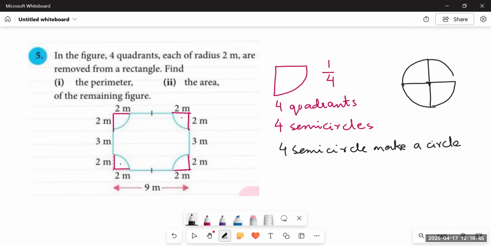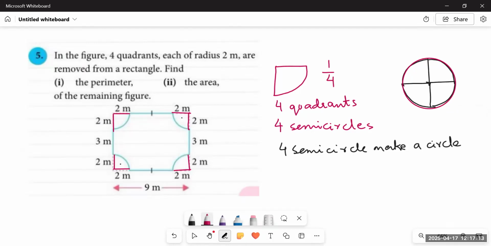So you see, a whole circle is complete when we join any 4 quadrants, any 4 semicircles. So it means 4 semicircles make a complete circle, or a circle is made up of 4 semicircles. It's up to you, whatever you want to say. So it means a complete circle is removed from this rectangle.